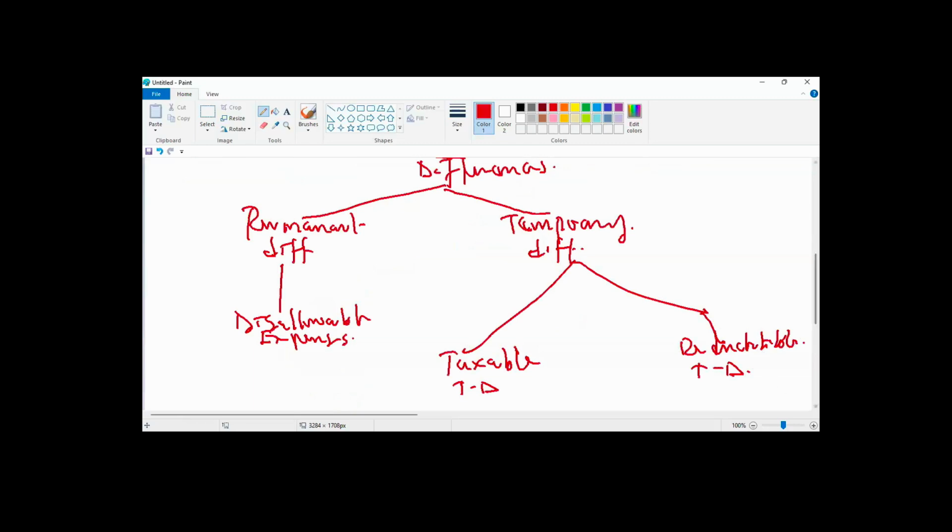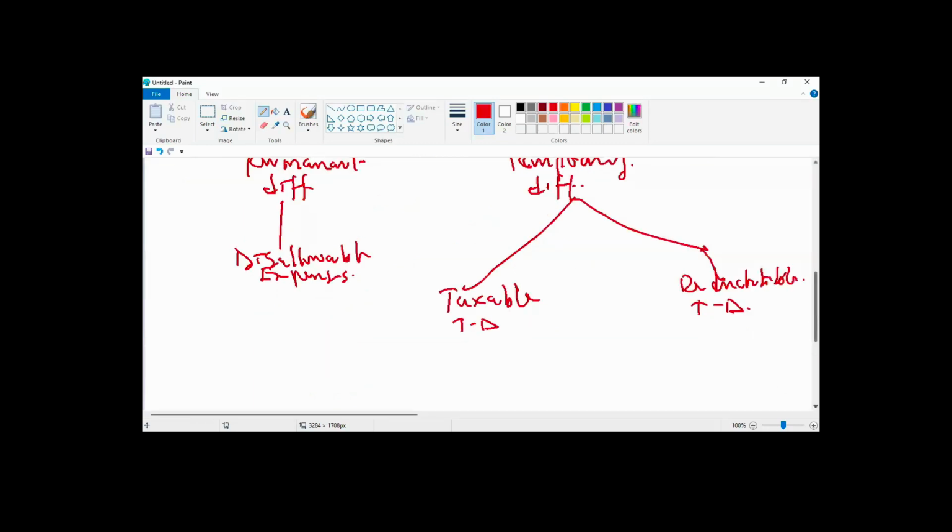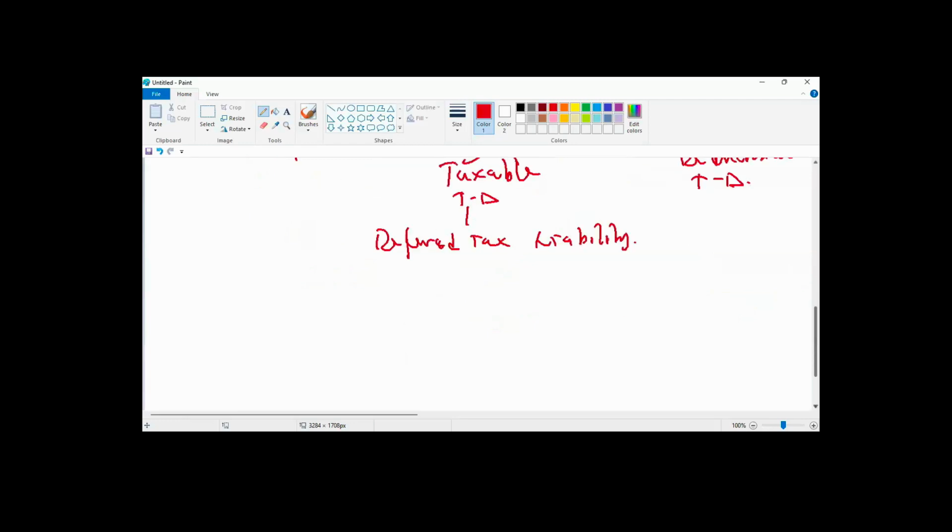What I've been saying since morning does not make sense until now; this is where it becomes meaningful. Taxable difference will lead to deferred tax liability.